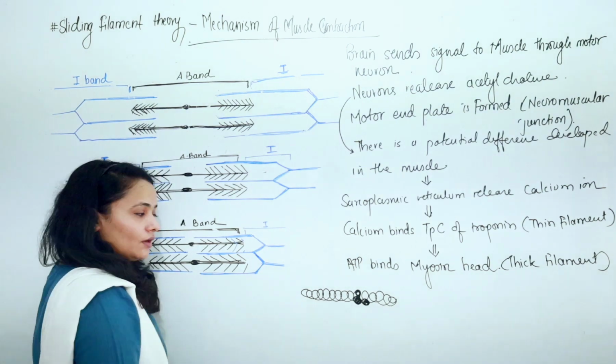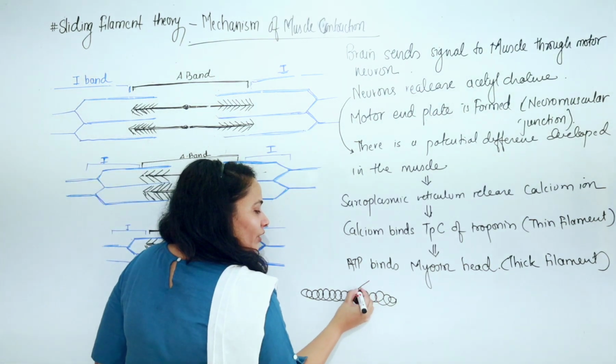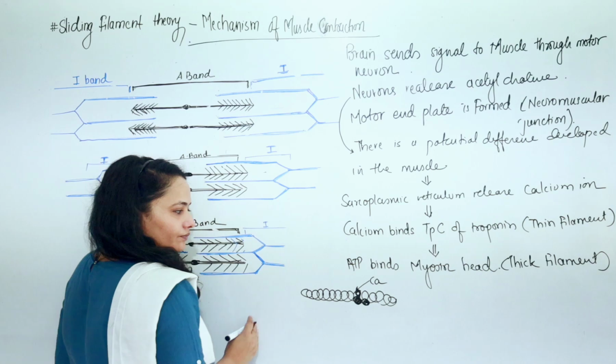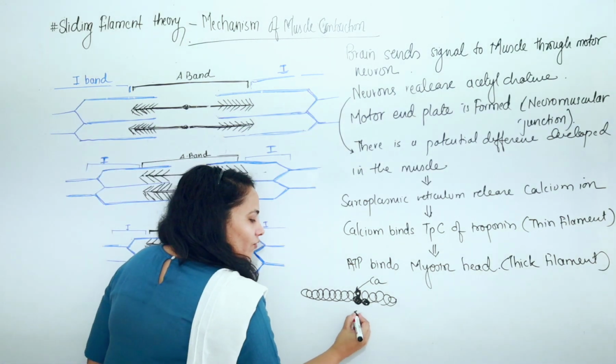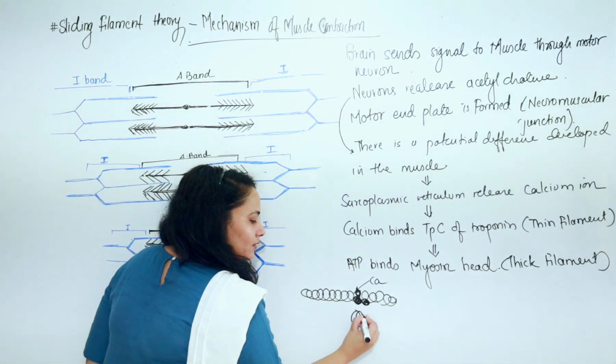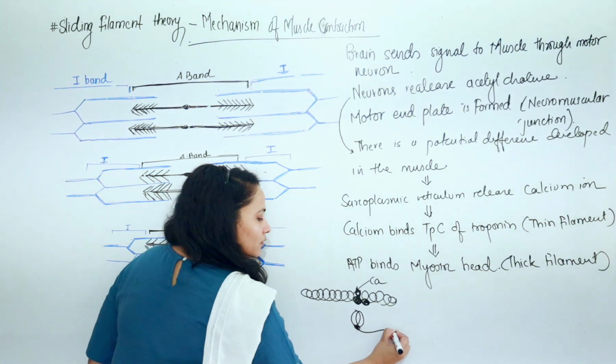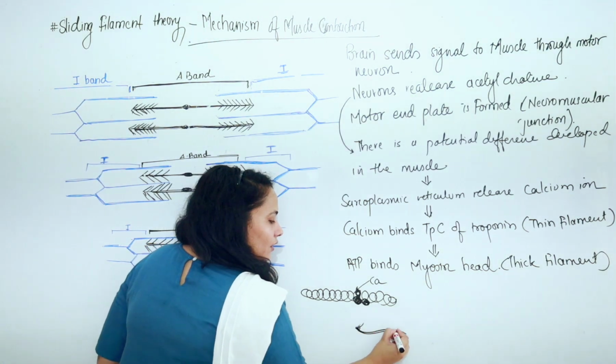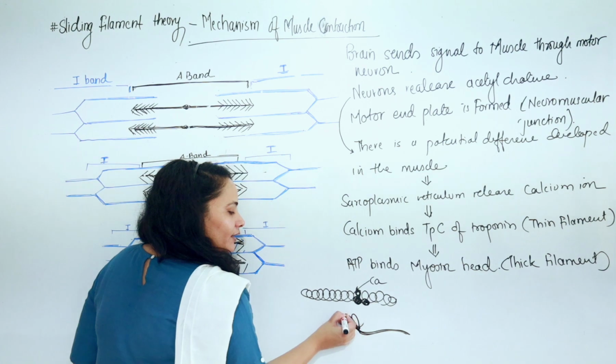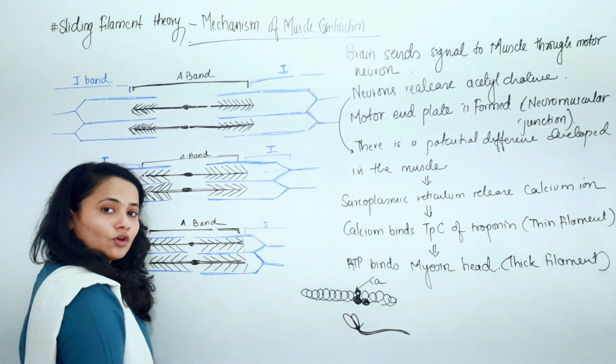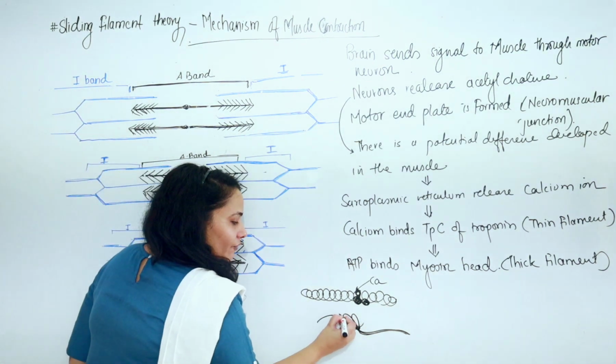The calcium will come and bind to this, and on the lower side lies the myosin filament. We know that it has this head portion. So ATP will bind over here.